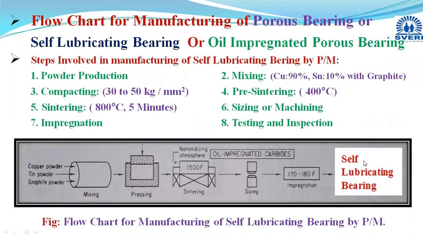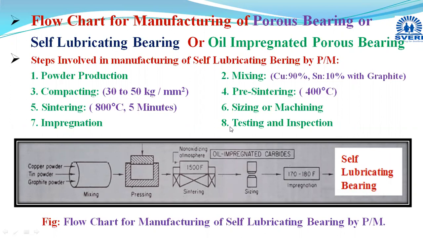Then this manufactured self-lubricating bearing is tested for its correctness related to shape and size. It is also tested for properties like microstructure, composition, tensile strength, amount of porosity, and hardness. It is also inspected for whether any kind of defect is present. If properties are found satisfactory and it is defect free, then it is marked as an okay component to use for actual practical purposes.